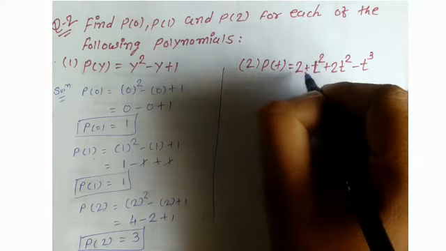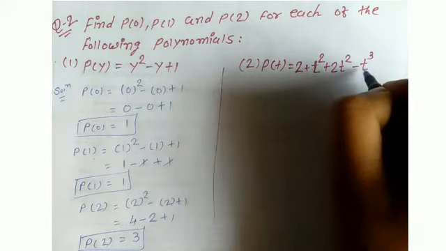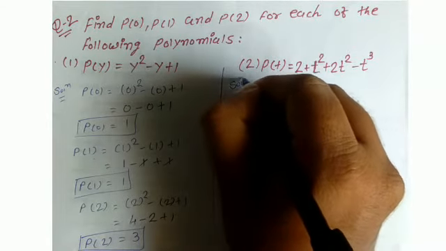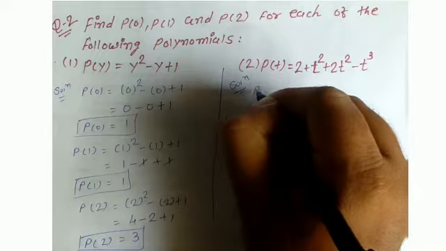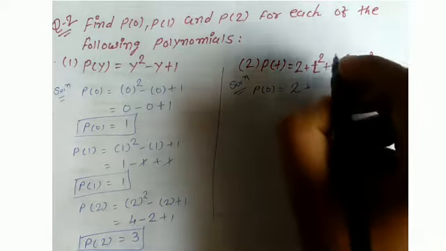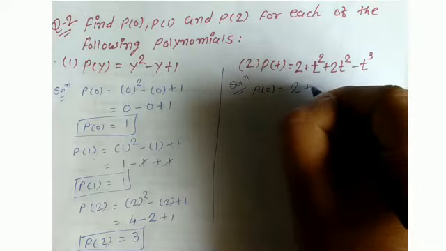Now the second one. Here p of t is equal to 2 plus t square plus 2t square minus t cube. So first, p of 0 is equal to 2 plus, when you find out, put the value of t is equal to 0.